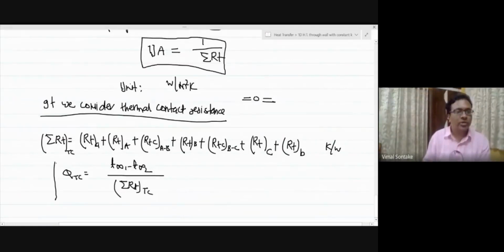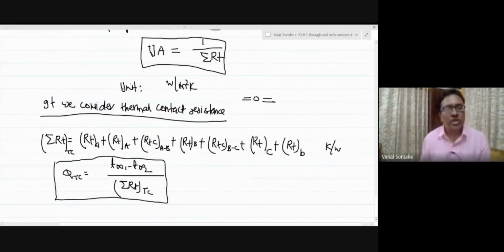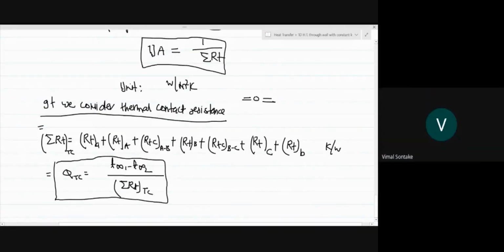So this way I can also take into consideration thermal contact resistance to get the equation of total thermal resistance and heat transfer rate.